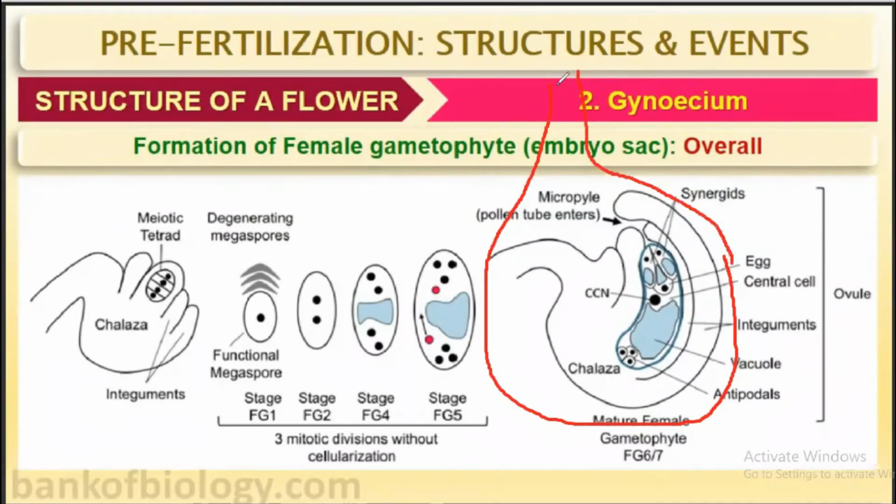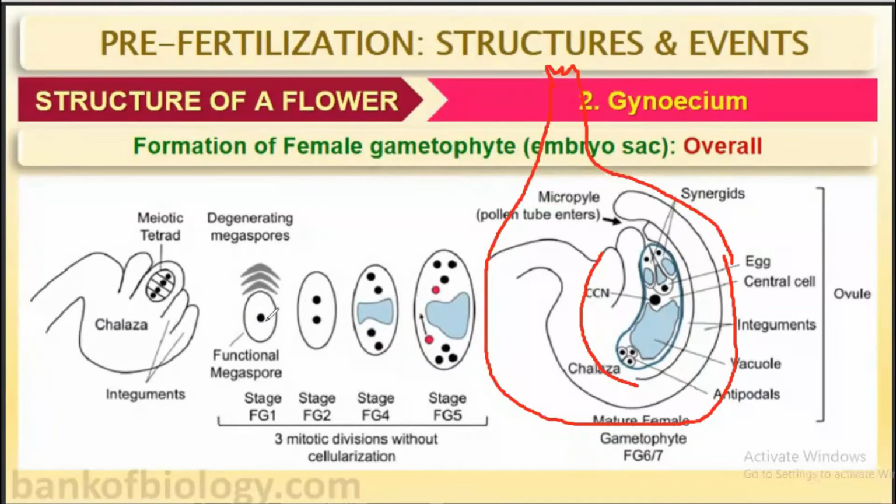Then at the tip, we can see the stigma. So this is the actual diagram. Inside the ovary, we can see the ovule. This portion is the ovule. Okay. Inside the ovule, the embryo sac is formed. So how is this embryo sac formed? This is the way the embryo sac is formed that we have studied.